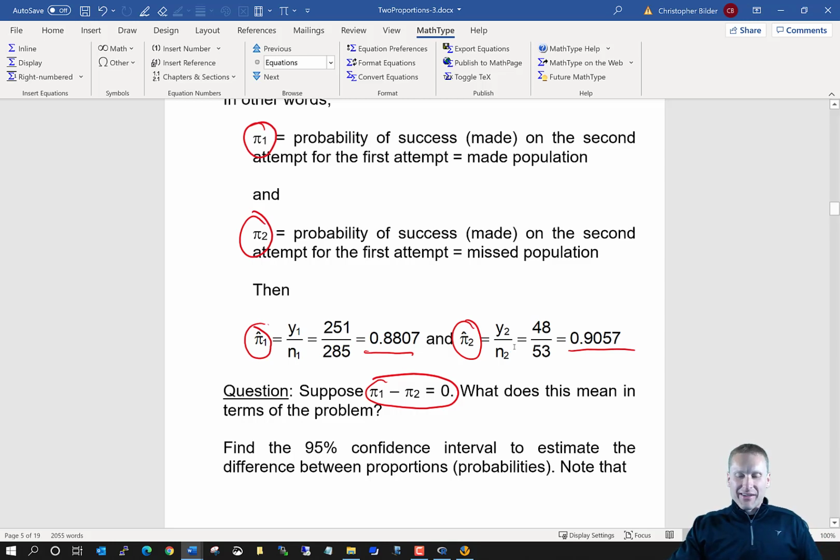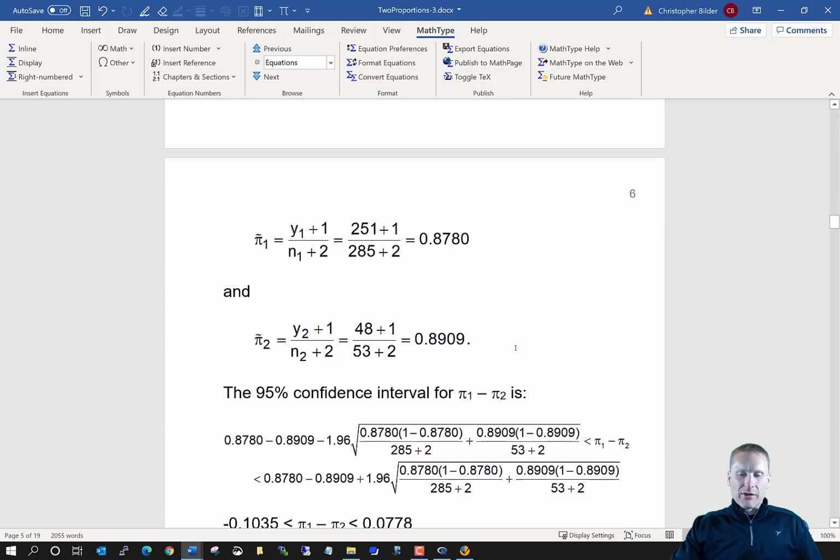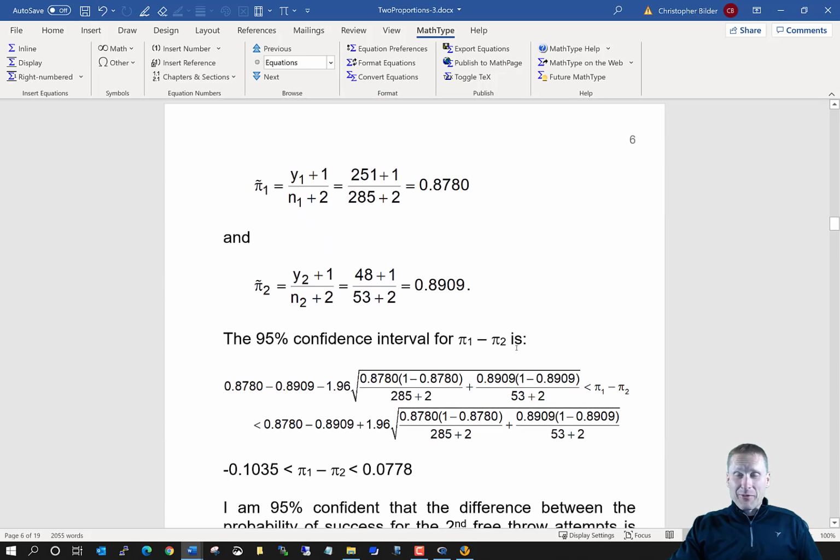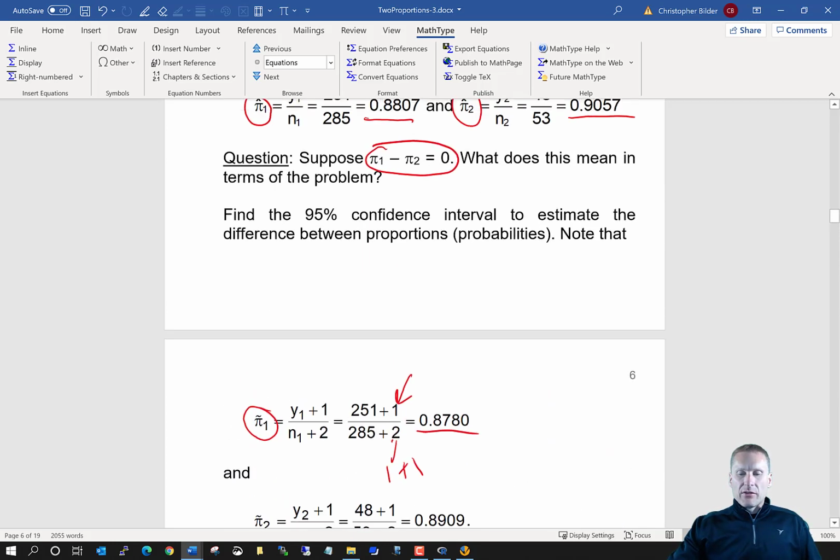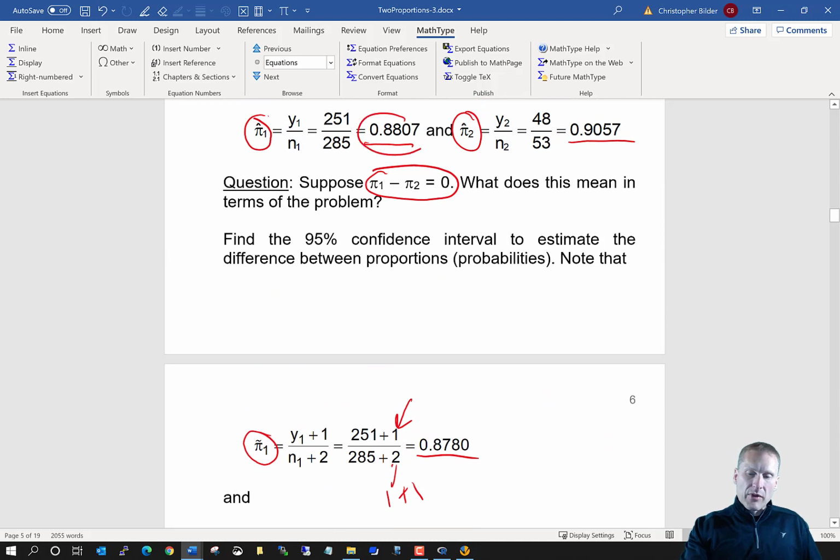Let's go ahead and find the confidence interval then, using the Agresti-Caffo method. Sometimes it's hard to remember to say Coull or Caffo. Okay, so now with Larry Bird, pi tilde 1, our adjusted estimate, we add one success and we add one failure as well to our data. And so now our adjusted estimate is 0.878. Now look at that compared to what we would have had before when we just used the proportion of successes.